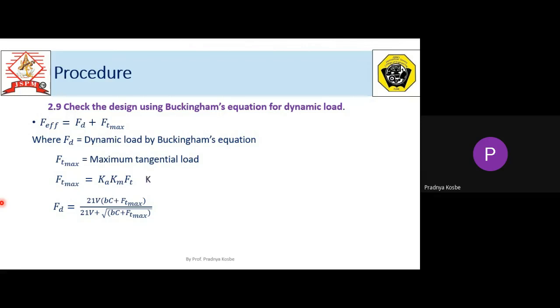So K equal to 1 and Km equal to 1.6. That is the service factor and load distribution factor.